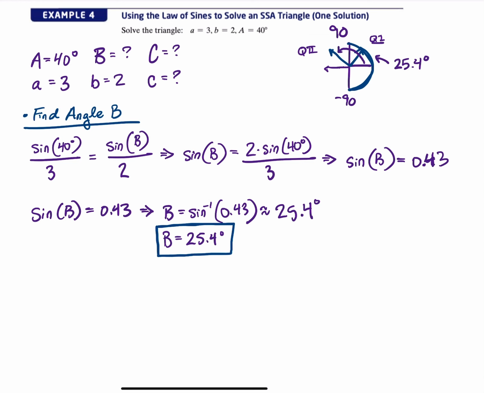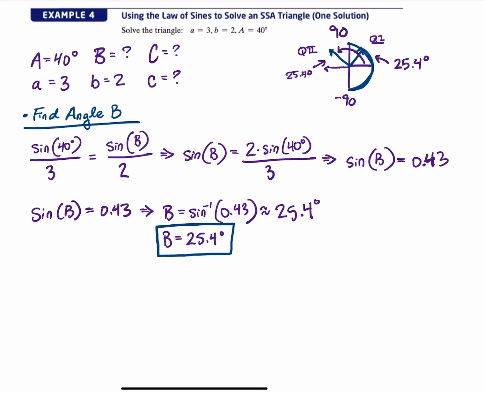And just thinking symmetrically, this angle would also be 25.4 degrees. So if we want that larger angle, we can take 180 and subtract the 25.4. Because this whole angle here is 180, and if we subtract this smaller angle, we'll get the angle that we're looking for.